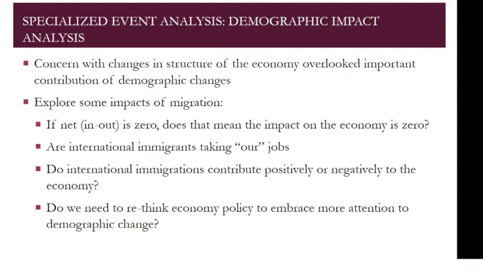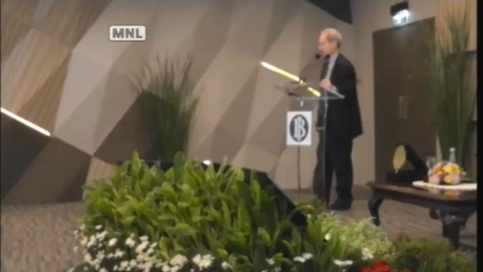So the first thing we looked at was just the macroeconomic impact of in and out migration. And then we wanted to think about immigration in terms of its long-term contribution to our economy. One of the factors that often gets overlooked is that people just look at the bottom lines, the interaction between consumption and structural change. What they don't look at is the intersection with demographic change.